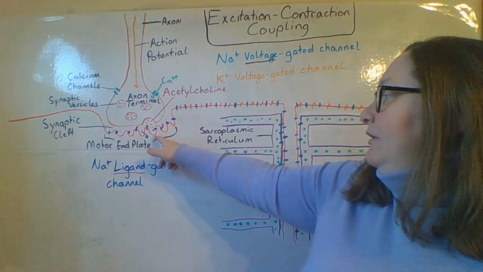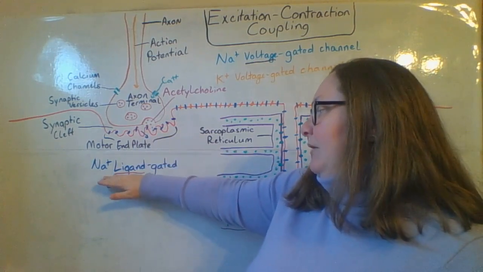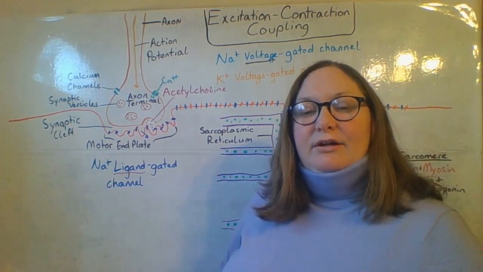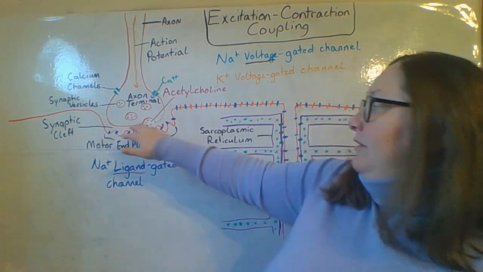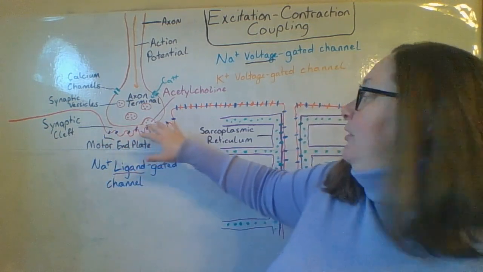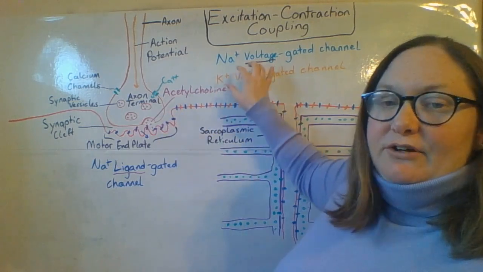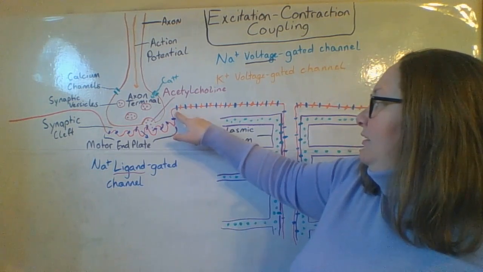And we got that over here because the acetylcholine was released. Acetylcholine bound to the ligand-gated channels, and it opened them. And we had a depolarization here at the motor end plate, and it was strong enough that we stimulated our voltage-gated channel. So now, this voltage-gated channel has been stimulated.